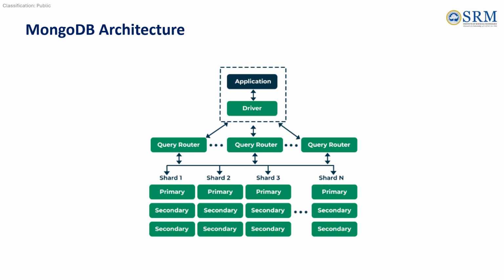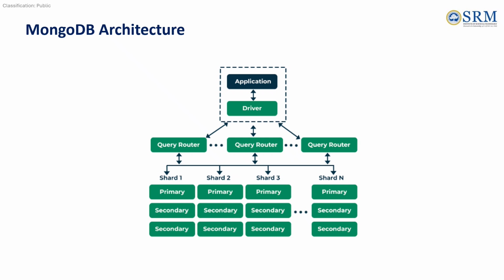MongoDB uses sharding to distribute data across multiple servers. These shards can be compared to different restaurant branches located in different areas. Each branch manages a portion of customer orders and delivery data. Inside every shard, there are replica sets with primary and secondary nodes. The primary node acts like the main kitchen where the actual food preparation and order processing happen.